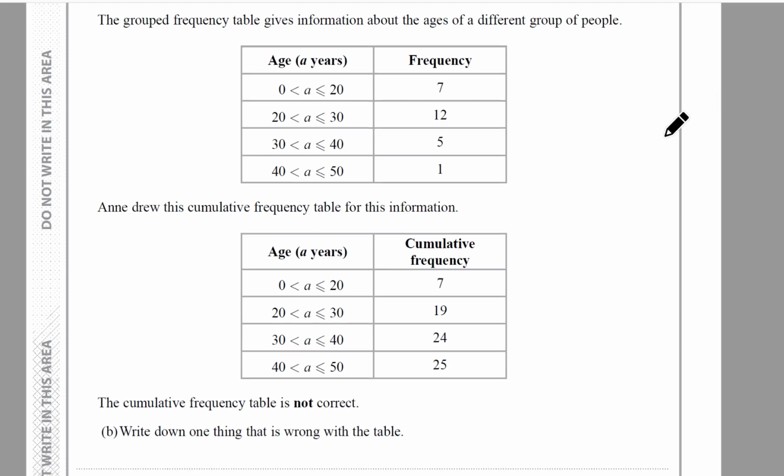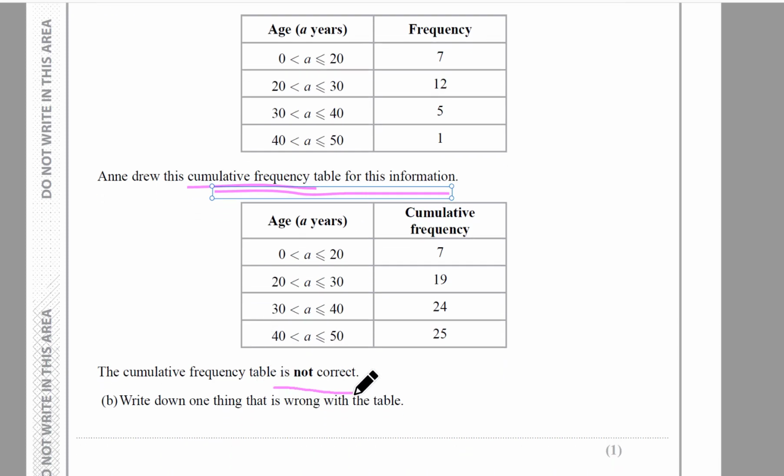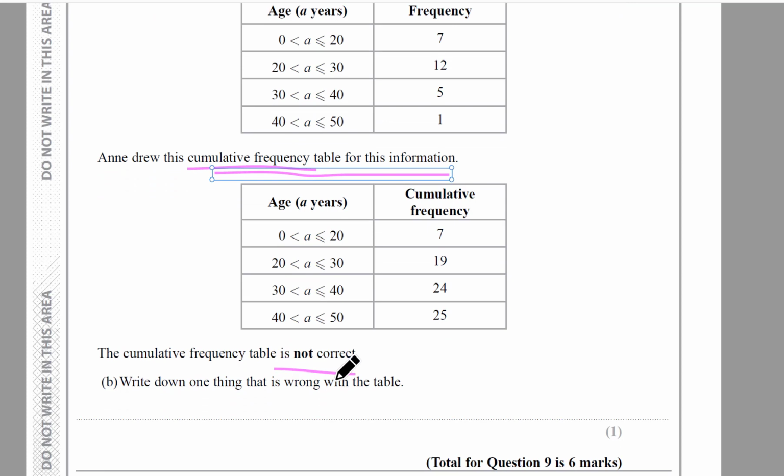Okay, so we've got a group frequency table here, which gives us different information about people's ages. And Anne drew this table, a cumulative frequency table, for this information. The table is not correct. What's one thing wrong with this table?